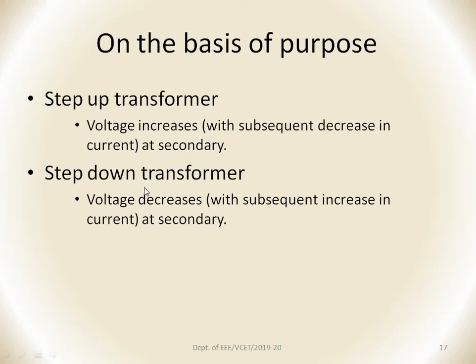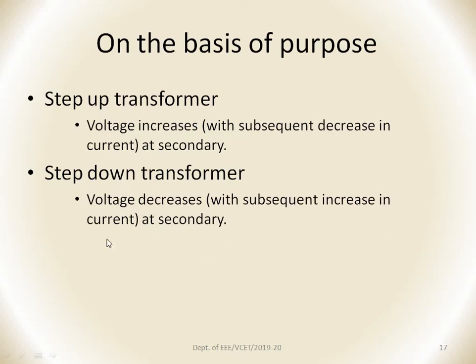Whereas in case of step down, if you have a very high voltage, that high voltage can be stepped down or reduced to a low voltage. So here the primary end will have high voltage, the secondary end will have a low voltage. Whereas here the primary end will have a low voltage, and here it will have a high voltage. So I shall repeat it.